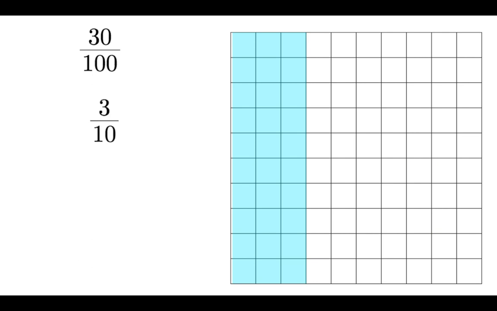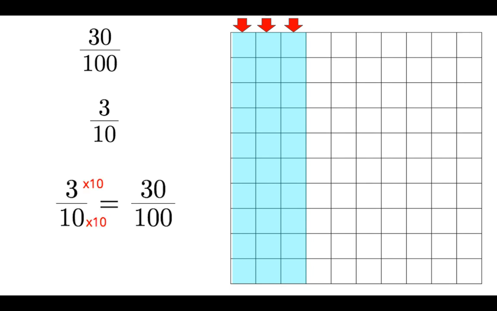We can call this 3/10ths, because we have 10 columns that make up the whole, and 3 of those columns are shaded. So we would say 3/10ths is equivalent to 30/100ths. Again, to change 3/10ths into 30/100ths, we simply multiply the numerator and denominator both by 10.